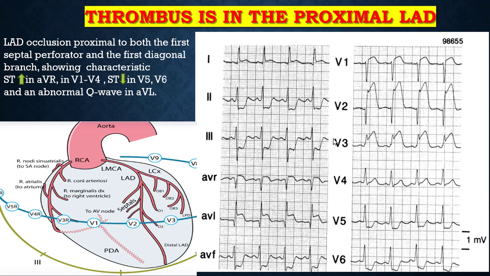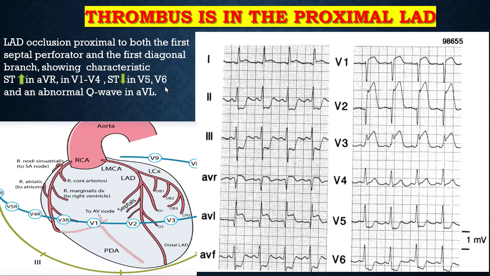the ECG pattern is like this. There is ST elevation in AVR. You can see that here is the ST elevation in AVR and in V1 to V4. ST elevation is in AVR, V1, V2, V3 and V4. You can see the ST segment elevation in these leads, chest and limb leads.